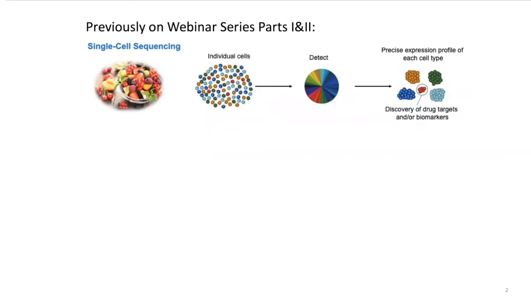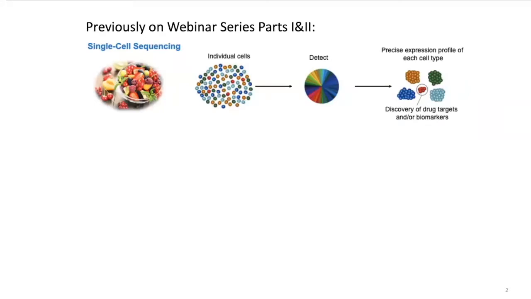With bulk, my colleague even pointed that out, it's like taking all of these fruits that you see in the picture and making a smoothie out of it. You just take your piece of tissue, you extract RNA, you don't care where each transcript comes from as long as it comes from that tissue, and you do the sequencing.